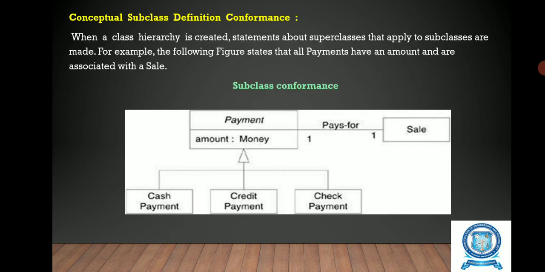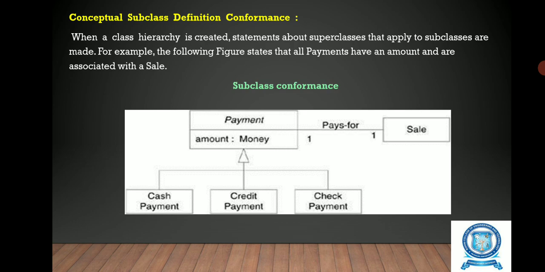Now, let us see conceptual subclass definition conformance. When a class hierarchy is created, statements about the superclass that apply to subclasses are made. For example, in the following figure, it states that all payments have an amount and are associated with a sale. This is the diagram which shows the subclass conformance.